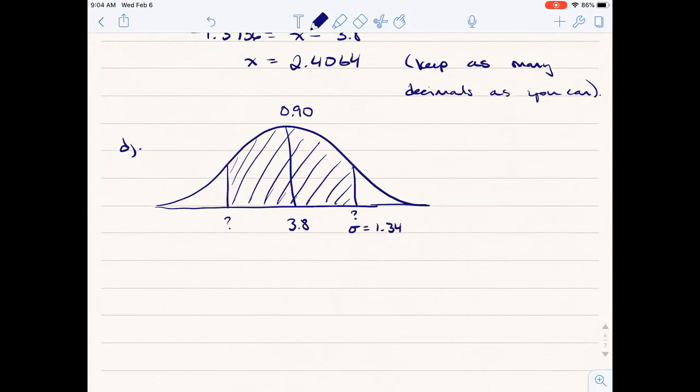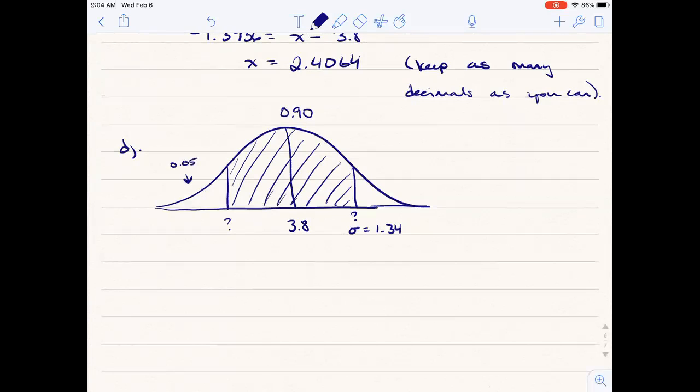So that means that we have 0.05 here and 0.05 here. So this is just going to be the negative Z value, but this is going to be the positive of the same Z, because of symmetry. So what we're going to do is find our Z score. We're going to backtrack, find the area closest to 0.05, and find the Z score that corresponds to that. Okay.